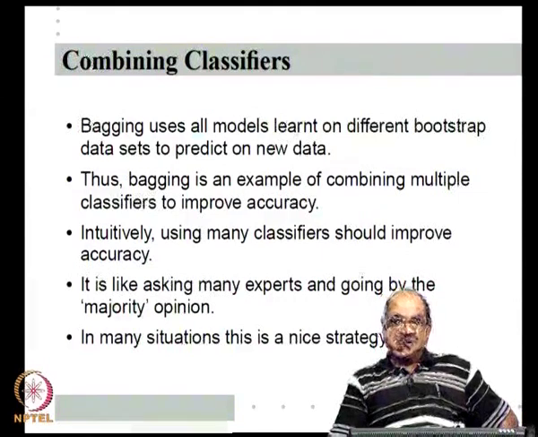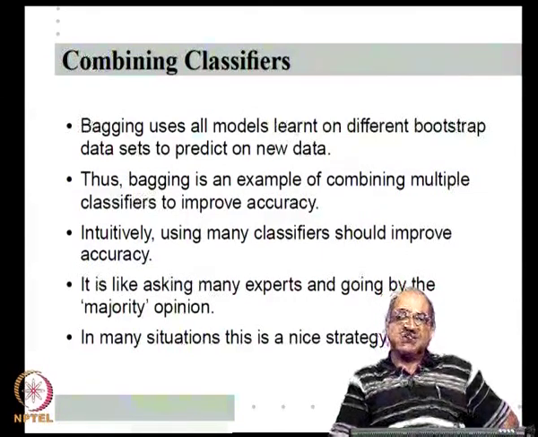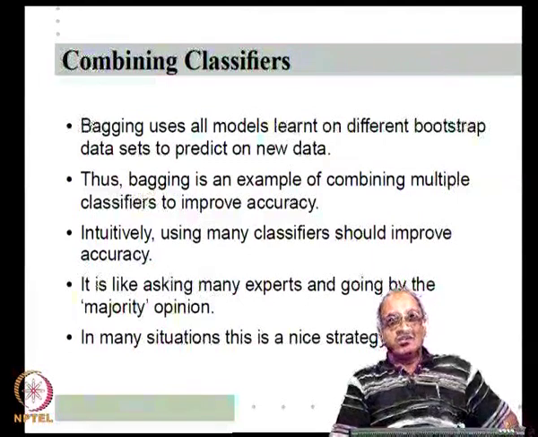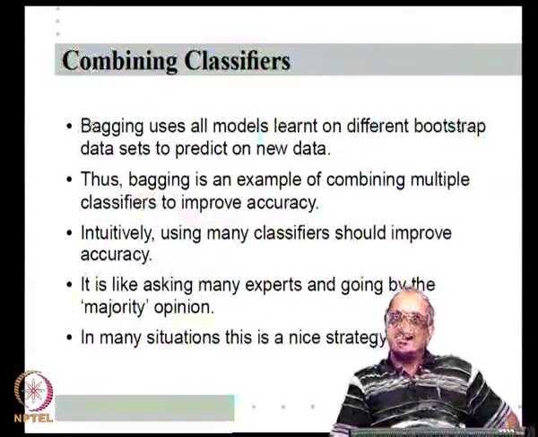Right? So, even if each individual classifier is not very good, and may have only a 55-60% chance of being correct, if I have enough of them, like in the Kaun Banega Crorepati audience poll, it looks like I might be able to improve my accuracy much better than asking any one of them. Suppose instead of polling the audience, the contestant is allowed to choose a particular person in the audience and ask.